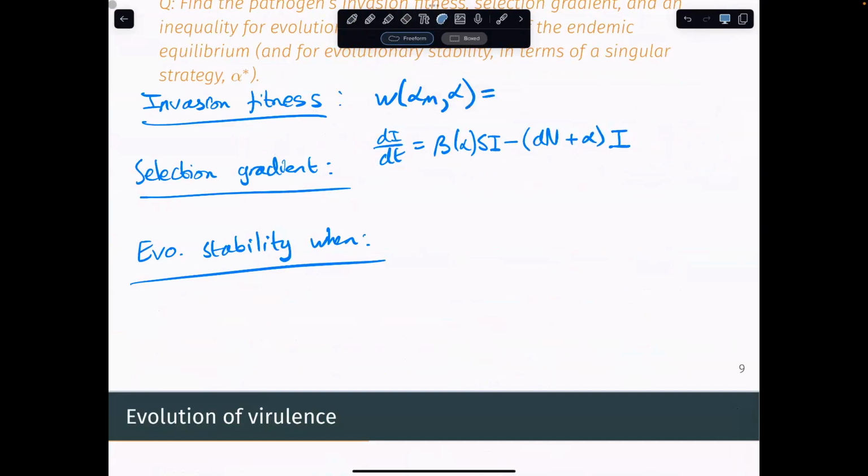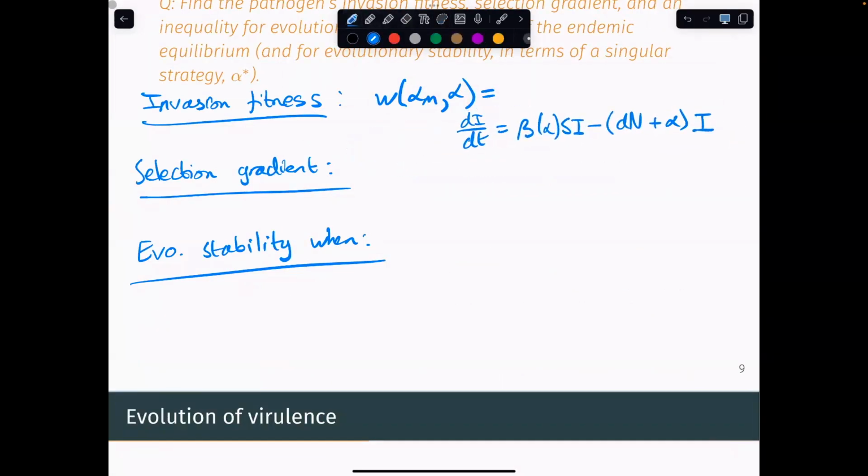Our invasion fitness is just going to be the per capita growth rate of our mutant trait when it's rare. So first thing we need to do is substitute in our mutant trait, so we have I M and alpha M. And then we need to evaluate this at our resident equilibrium, and then divide through by our mutant population size, I M, because we want its per capita growth rate when it's rare.